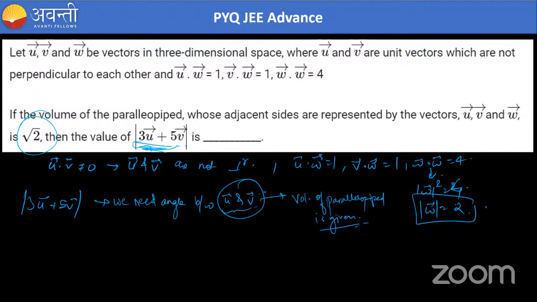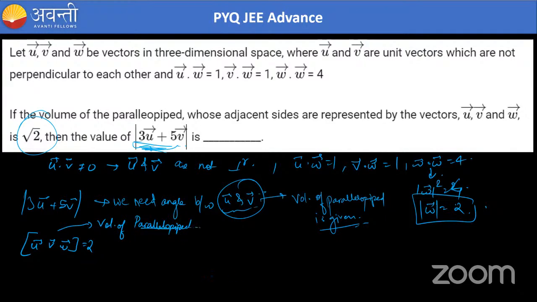Okay. So what we will do here is that now we know that the box product of u bar, v bar and w bar is equal to root 2, since this is equal to the volume of the parallelepiped, right?